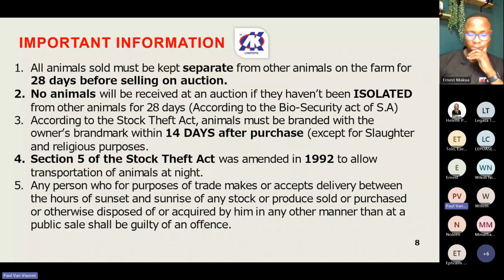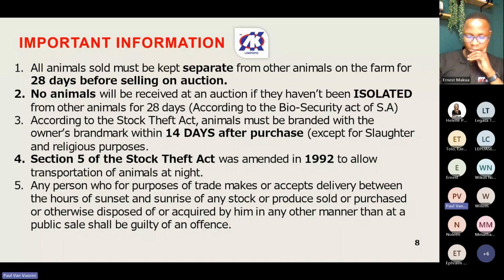So if you buy an animal, that animal has to stand at your farm, actually in quarantine in a separate camp for 28 days before you introduce that animal to your animals. And you are not allowed to sell that animal. So say for instance you buy 10 cows and calves and you put them 28 days on your farm, you're not allowed to sell any animals in those 28 days. So that 28 days must recycle.